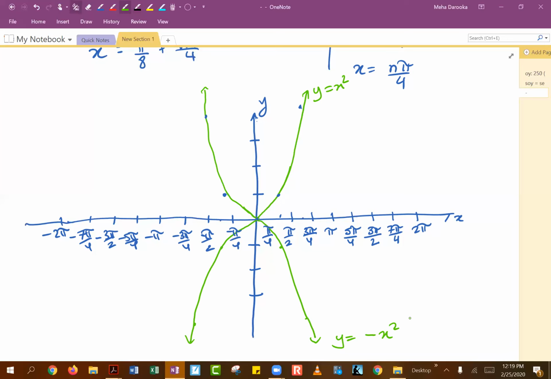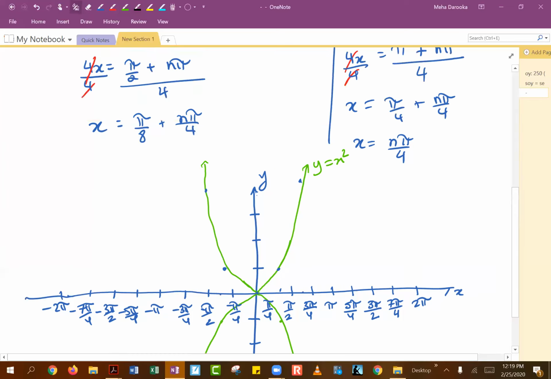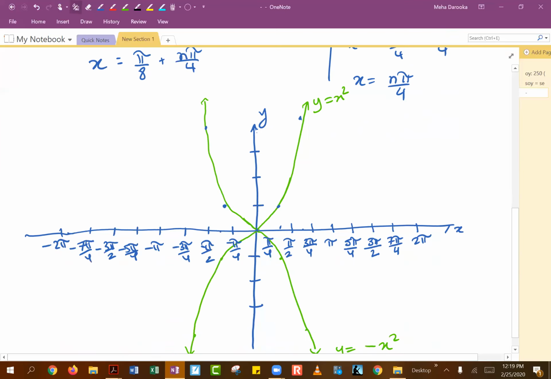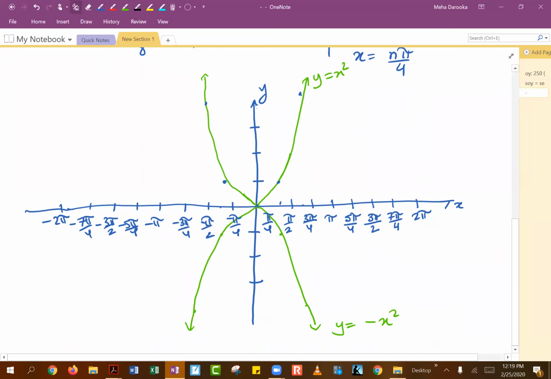Now, for our x squared times sine of 4x function, your x-intercepts, and that's this value that we calculated, are going to be at multiples of n pi over 4, right? So where would my first x-intercept be on the right-hand side? Pi over 4. So that would be right at this point.